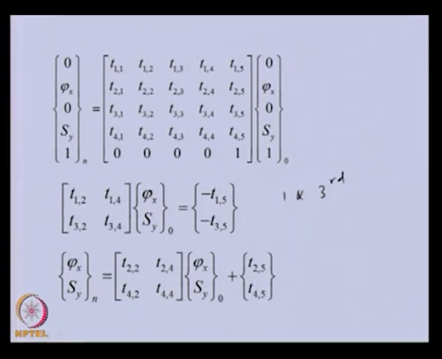So, we will be having these 4 terms corresponding to the first row and third row. So, they are here, and they will also come which are coming this side.